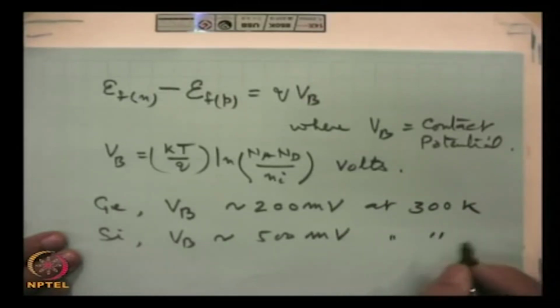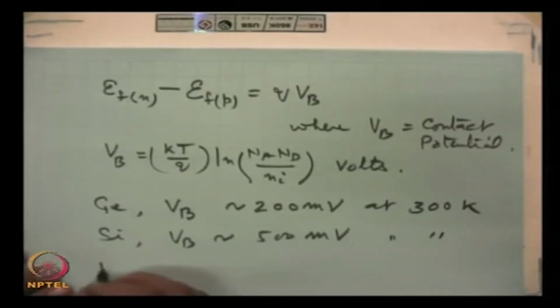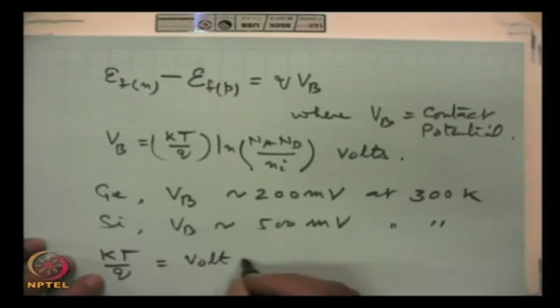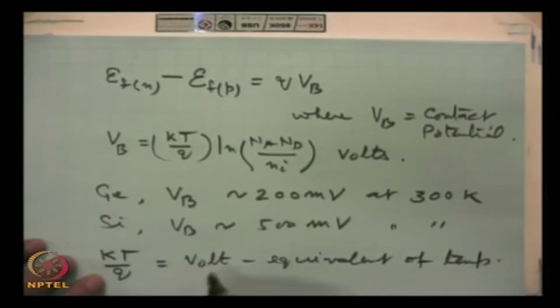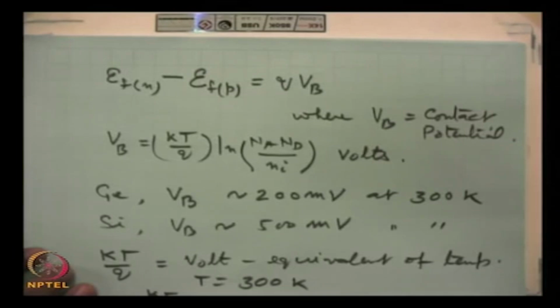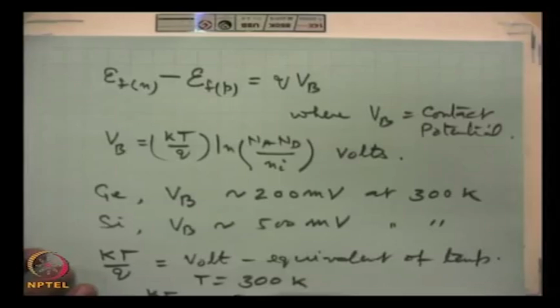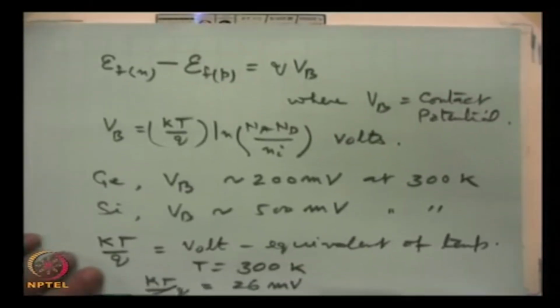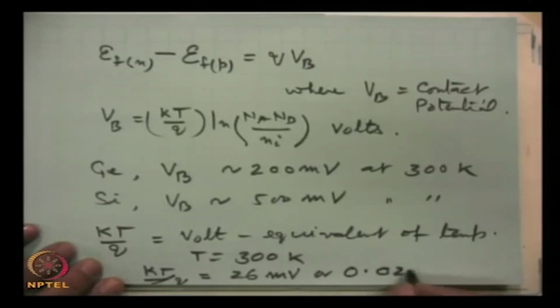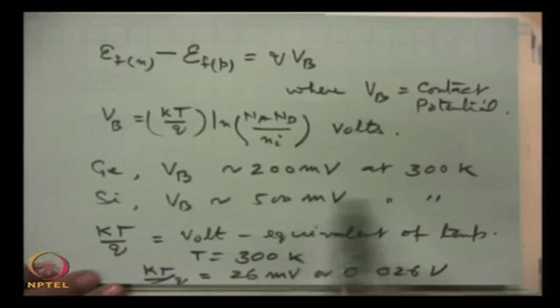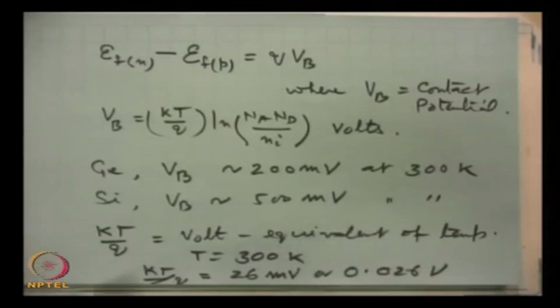This term kT by q is the volt equivalent of temperature, and at room temperature, that means at T equal to 300 degrees Kelvin, kT by q is equal to 26 millivolts, or 0.026 volts.